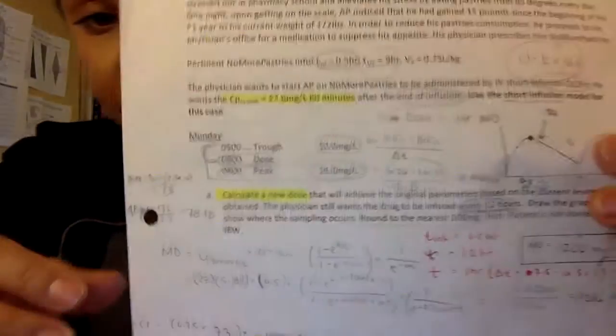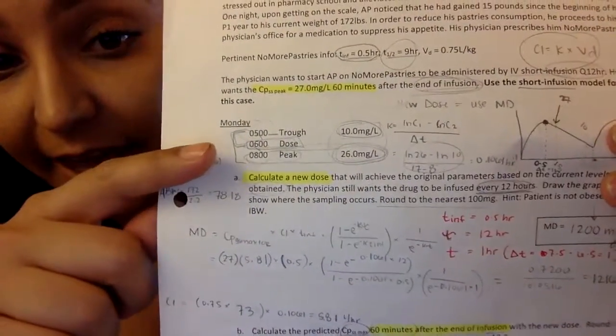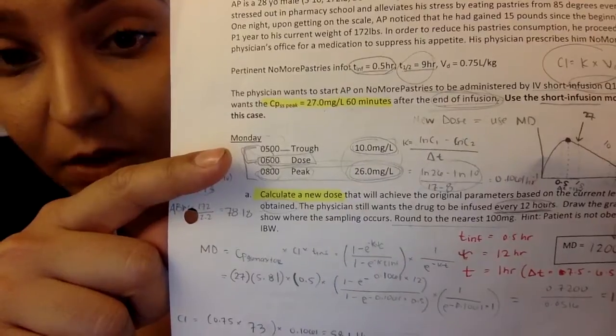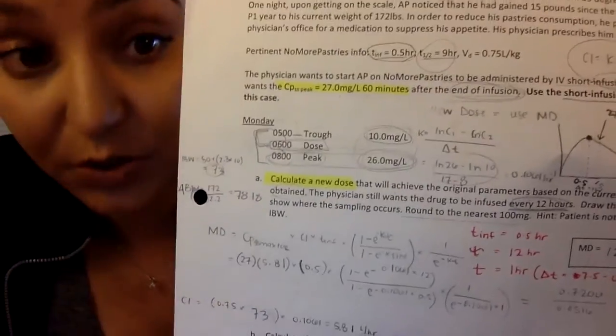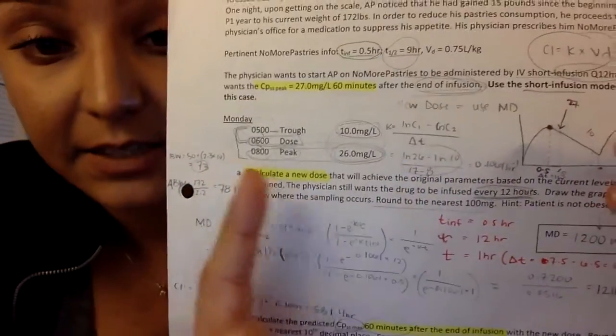A lot of people make the mistake of thinking that a patient-specific K would be ln of 26 minus ln of 10, which is correct. But then their delta T is going to be wrong because they're going to use 8 minus 5. That's not correct because those two times that were checked were on different slopes, they weren't on the same slope, right?